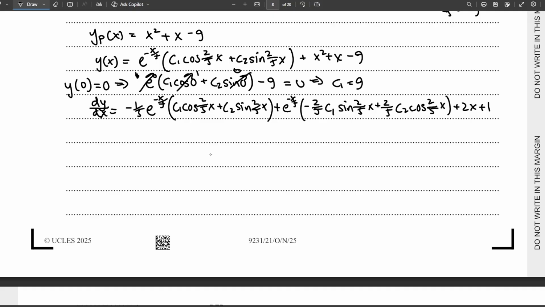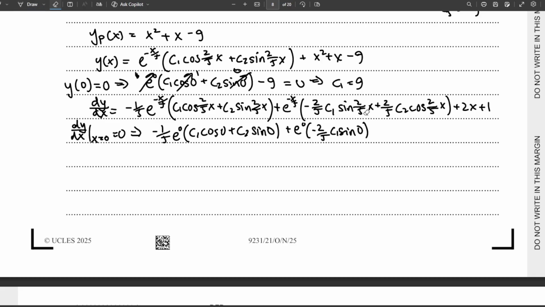Okay, so this is the expression for the derivative, and we evaluate it at x equals 0, and set it equal to 0. So -1/5 e to the 0, c1 cosine 0, c2 sine 0, e^0, and this sine 0, 2/5 c2 cosine 0, and 2x, I'm not going to write it, just plus 1 equals 0.